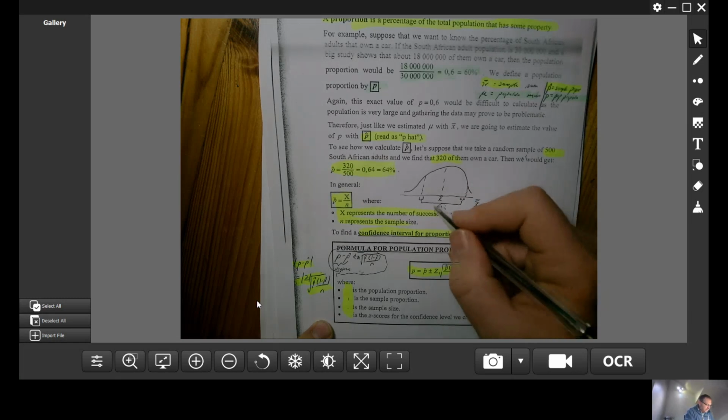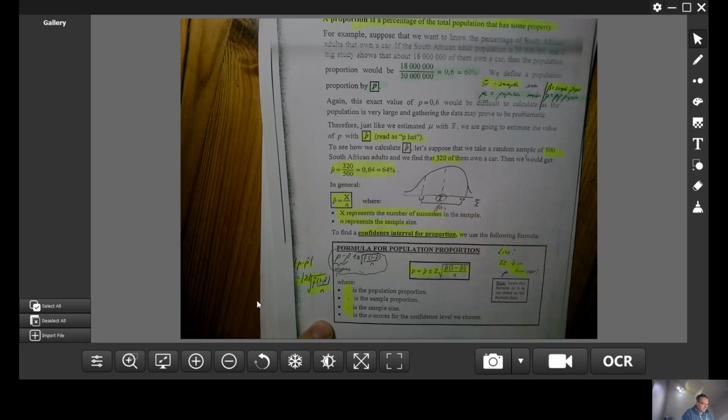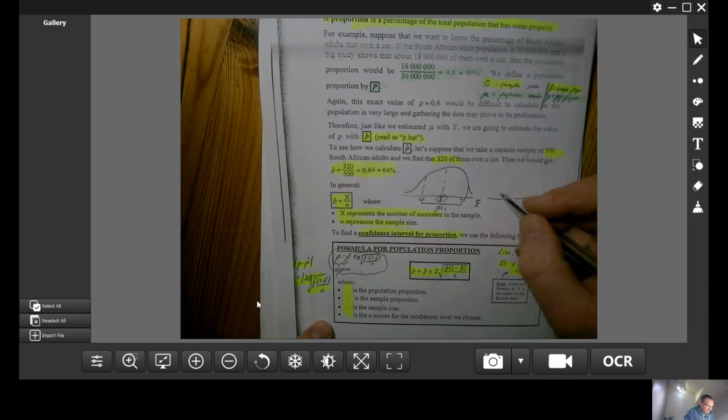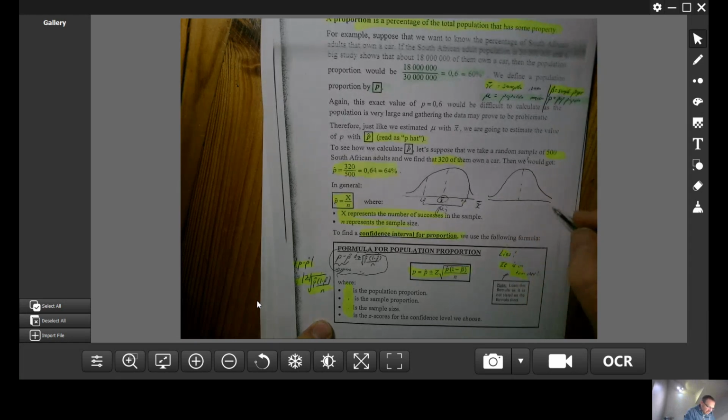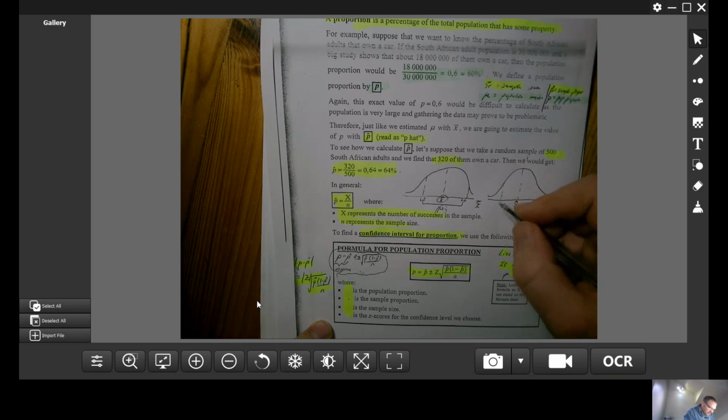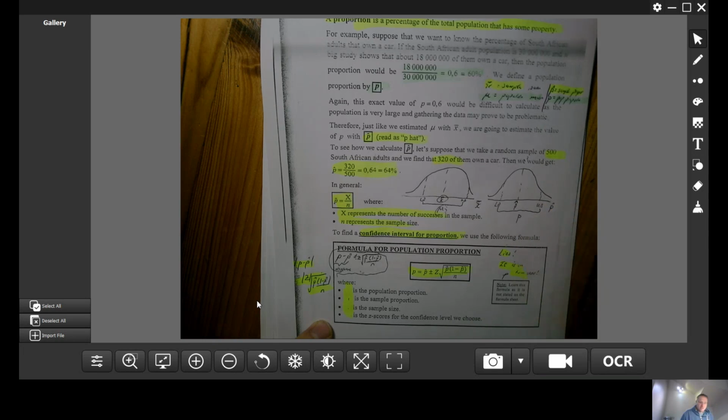So mu was based on the sample mean. Now what we're going to do is have P hat, so P based on the sample, and we're going to get a confidence interval, a lower boundary and an upper boundary, where we can have a certain degree of confidence that the actual population proportion lies within that region. So we're finding the boundaries for P, the confidence interval for P.